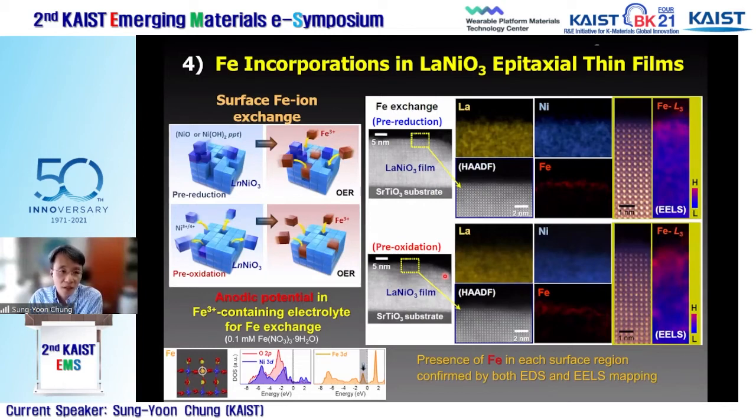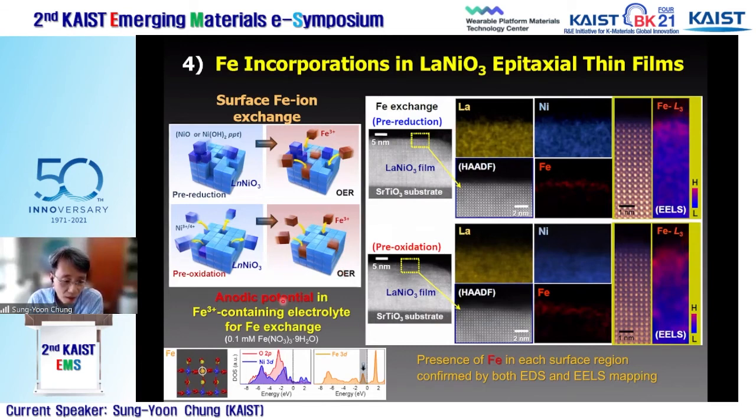Third is iron incorporation, because iron is very famous for improving the activity of nickel-based oxide. In this series of experiments, we exchanged the nickel with iron by using an anodic reaction.